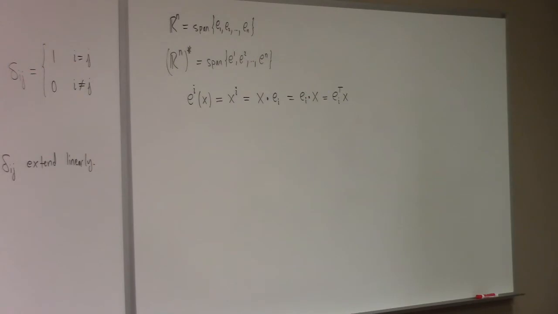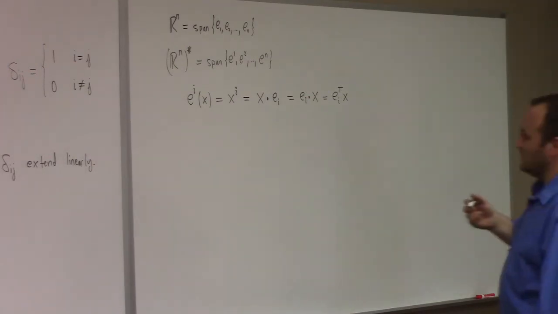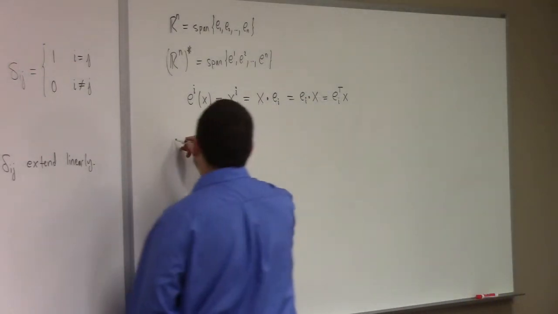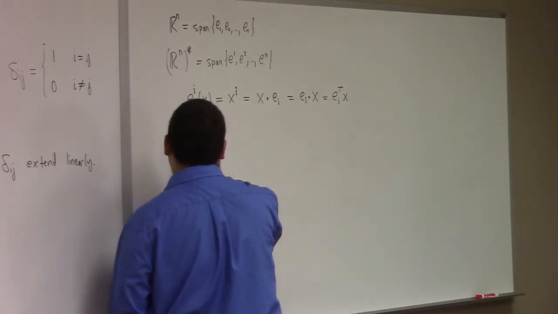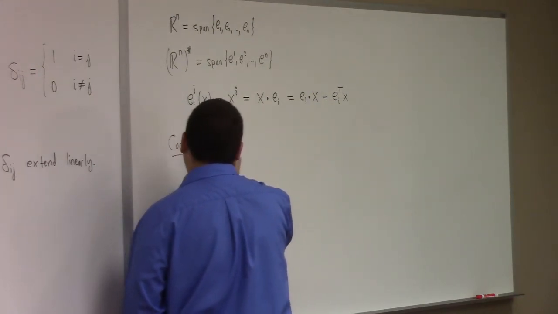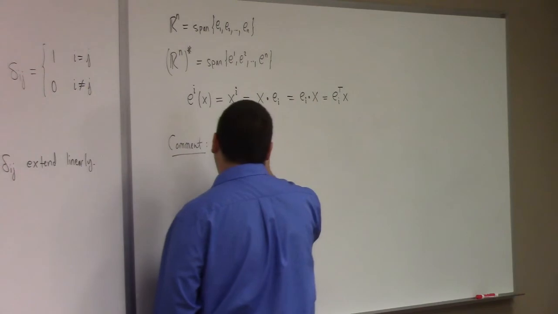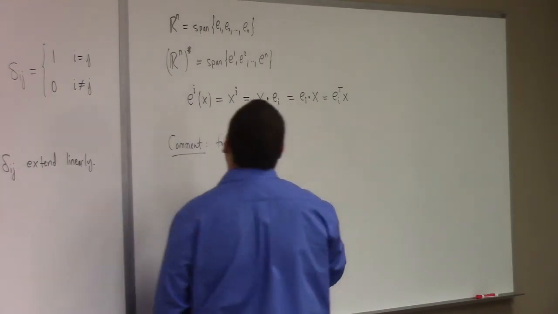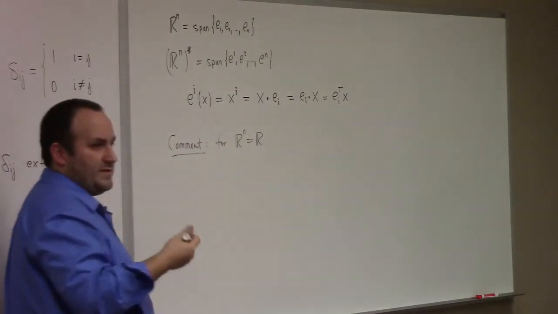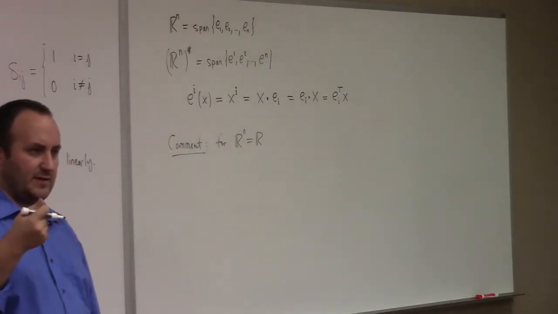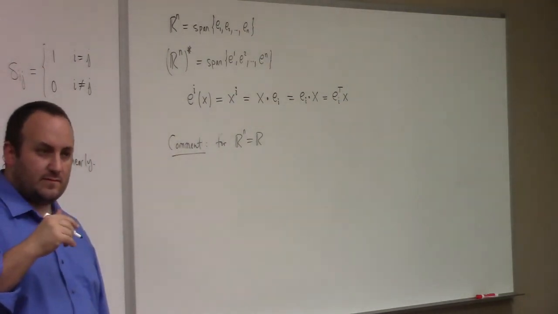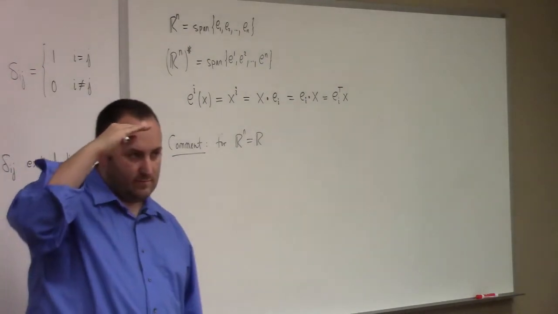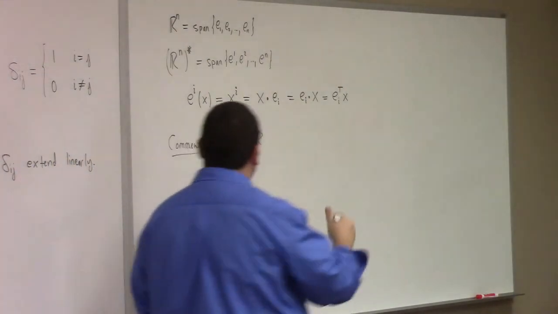So for Rn, what kind of vectors are they? How many rows? How many columns? N rows, yes, n by 1.